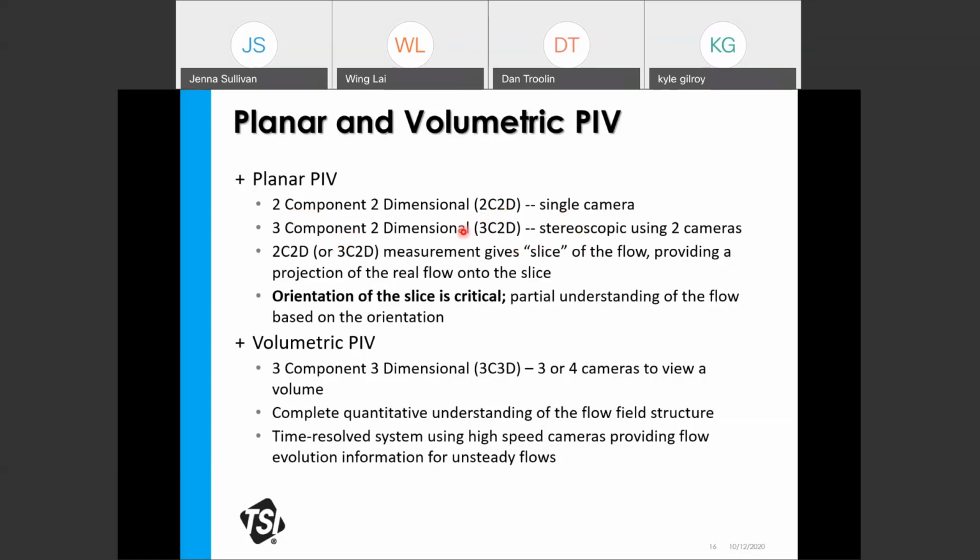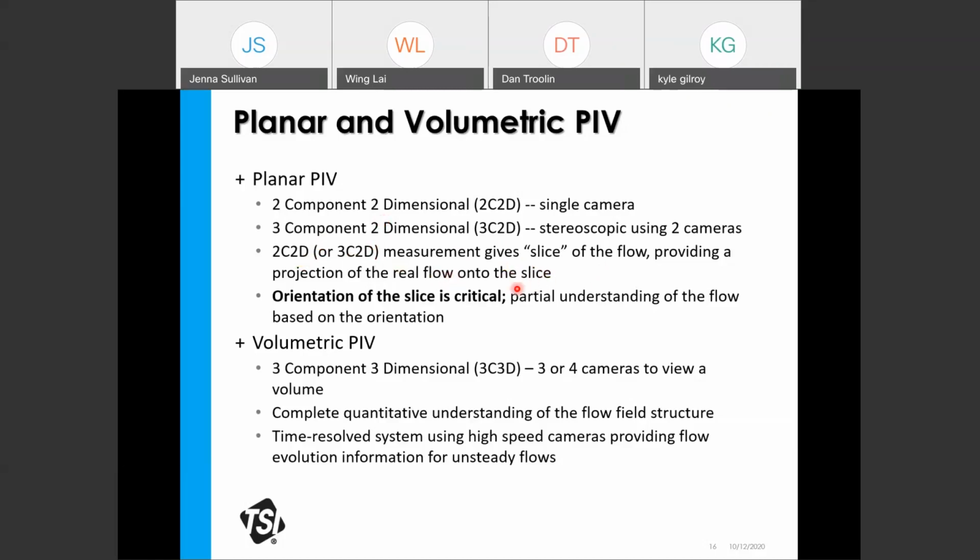In that case, we are able to get the three components of the velocity, again on the same planar illumination. So both the 2C, 2D, or 3C, 2D planar measurements essentially give a slice of the flow, providing really a projection of the flow onto that particular slice.